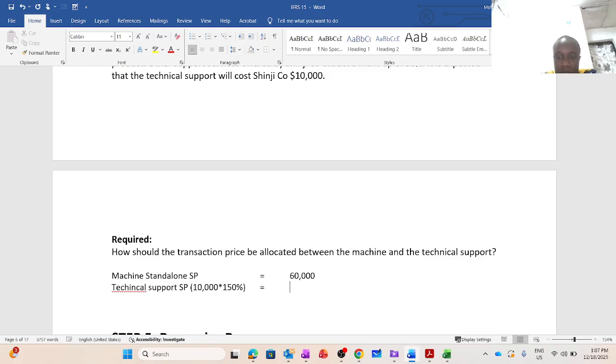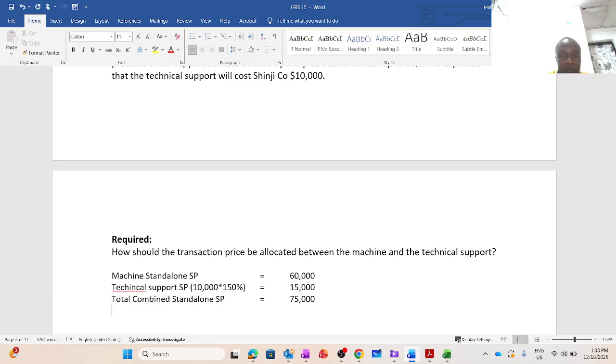It equals 15,000. So now the total combined stand-alone SP will equal 75.